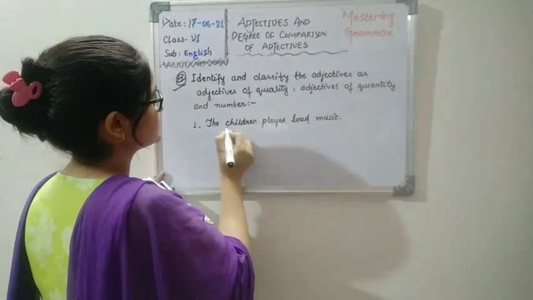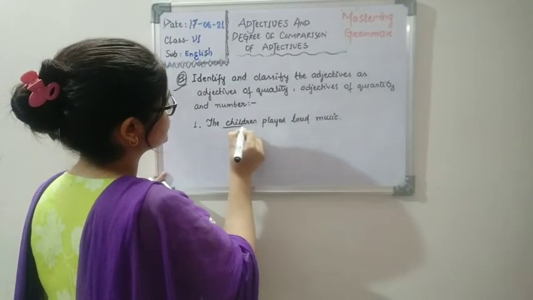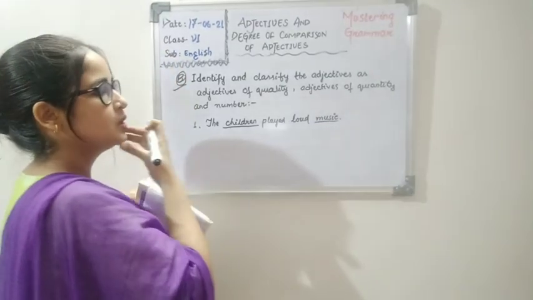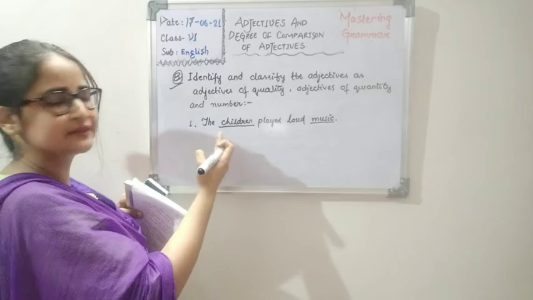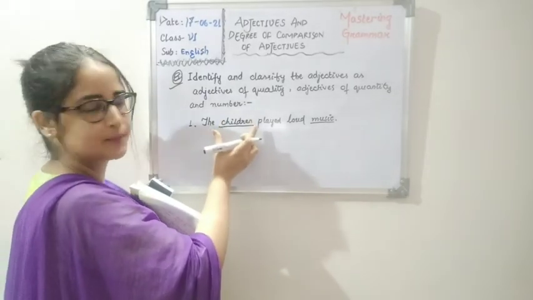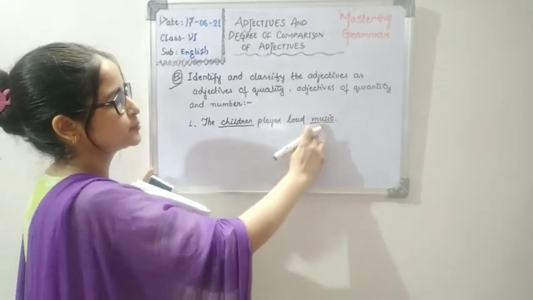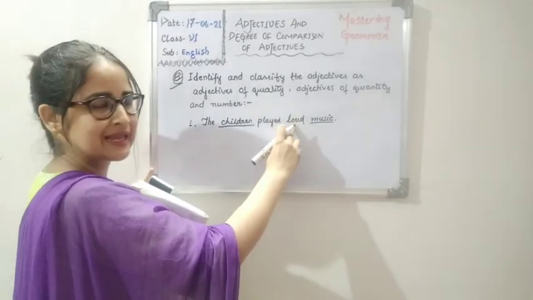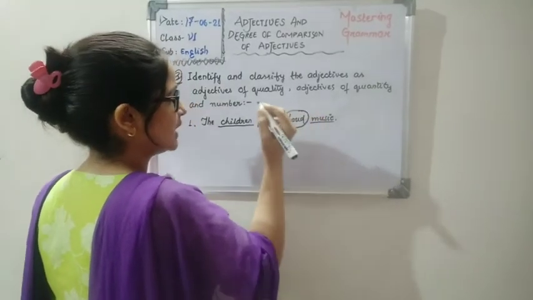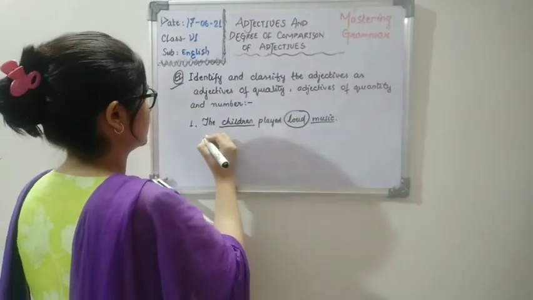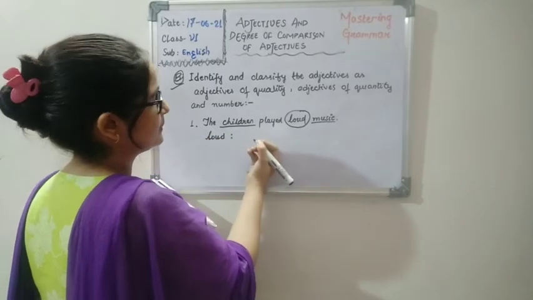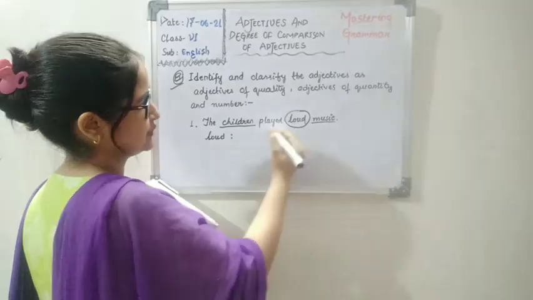Now here we can see there are two nouns. First is children and the second one is music. About children there is no description, nothing is being said, but for music we know that the music is loud. So here we have found the adjective. Now we will be writing it this way. You will choose the adjective first and then write the kind of adjective this is.